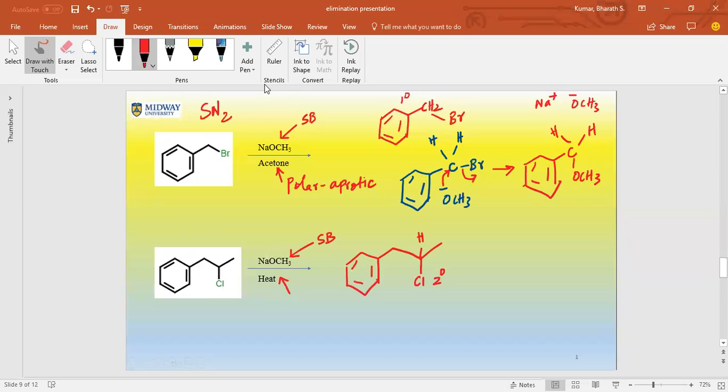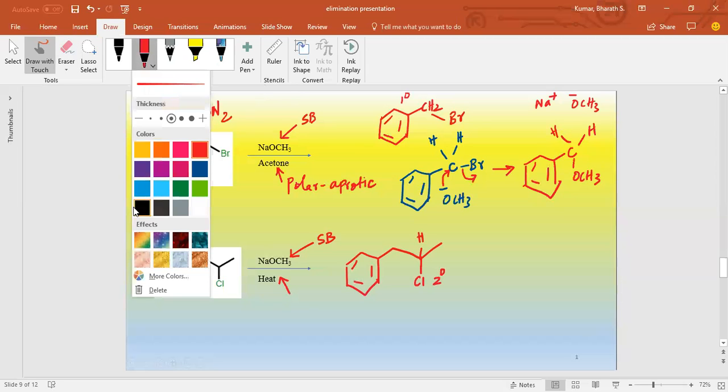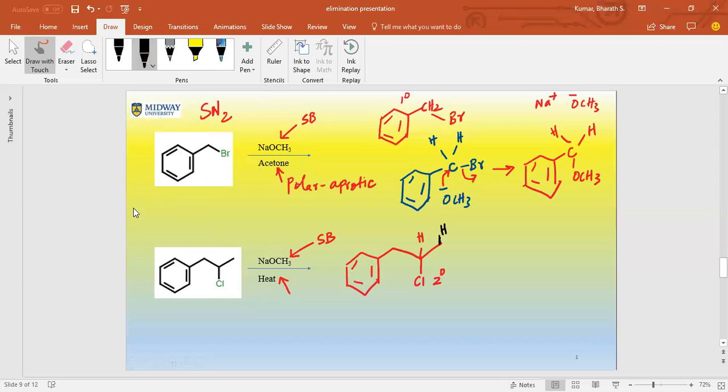Now because this side is a little bit more sterically hindered, you know what I'm saying? For the sodium methoxide to come from this side, because of this bulky molecule, it rather prefers to attack from this side. This is a methyl. I'm going to switch colors here again. So it contains 3 hydrogens. I'm only going to show one of them.